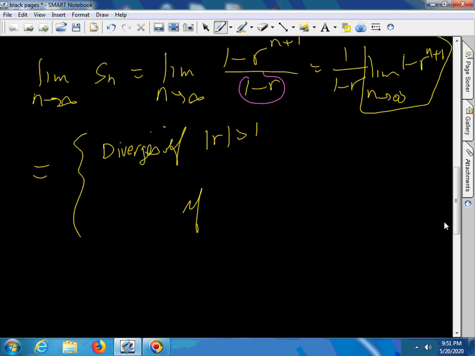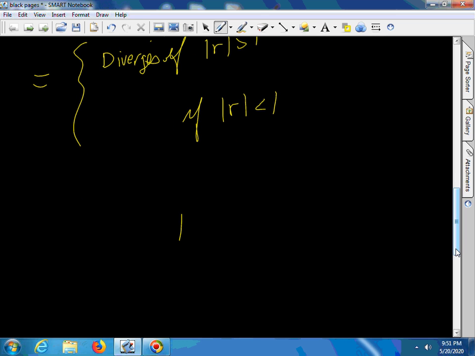But now, if r in absolute value is less than 1, well, you have 1 minus r to the n plus 1. You have 1 minus, say, plus or minus a third. If you keep raising it to really, really large numbers, even or odd, you'll get real small numbers.